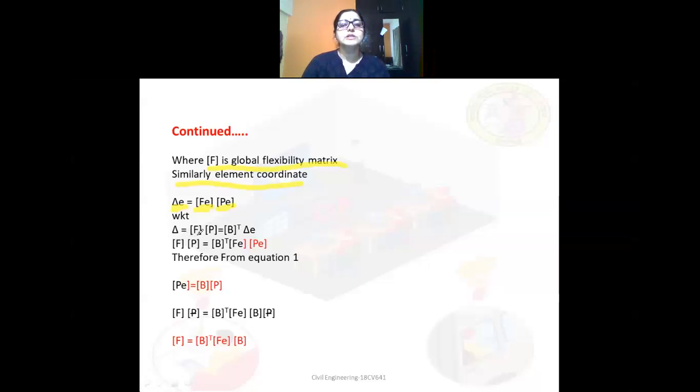We know that delta is equal to F into P, that is, global displacement is equal to the global flexibility matrix and the global force matrix.